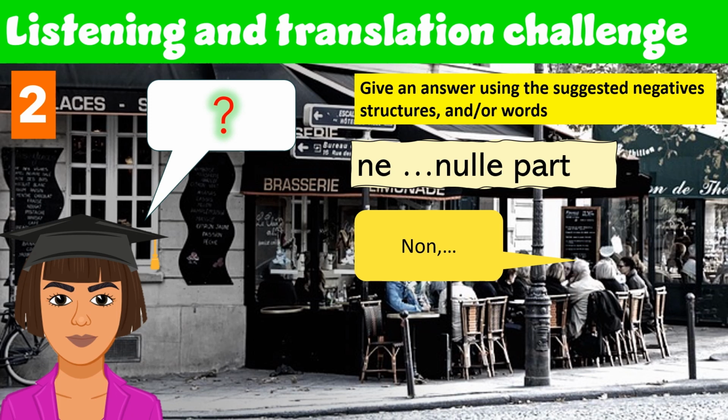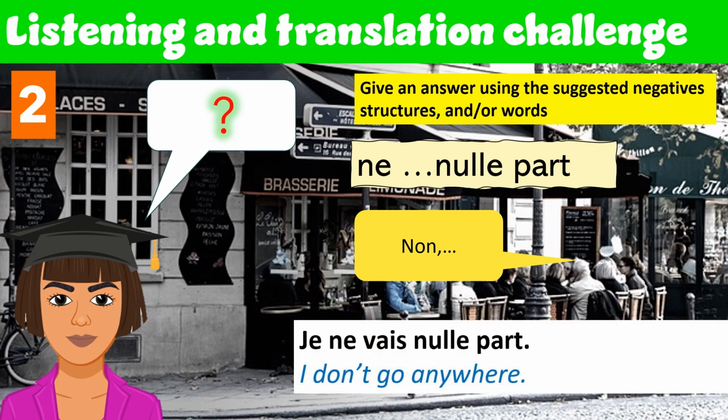Now you need to formulate your answer using the je form. So if the question is tu vas, the answer is je vais. But we need to add a negative structure, ne, nulle part. So the answer is going to be non, je ne vais nulle part.